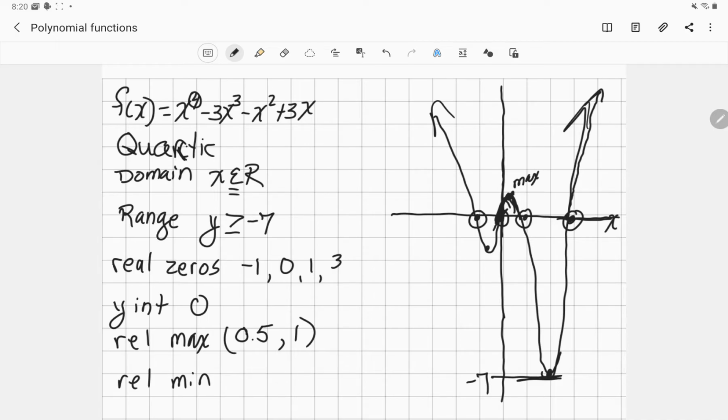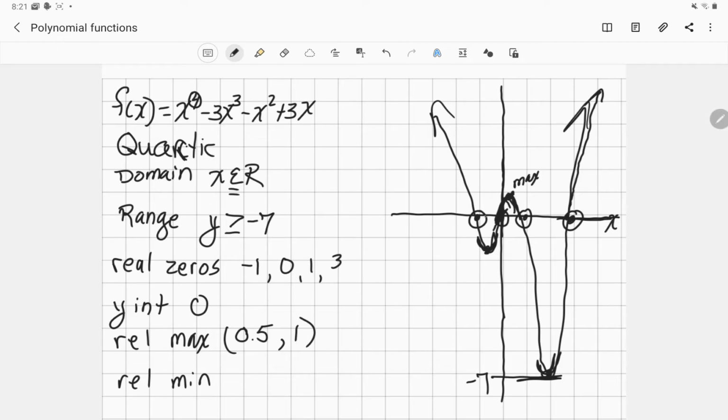A relative minimum I think of as a valley or a low point on the graph. Again, here is a low point because all the points around it go up from there. And here is another one. So in this case, there are actually 2 relative minimums, and you have to give the location of both of those.